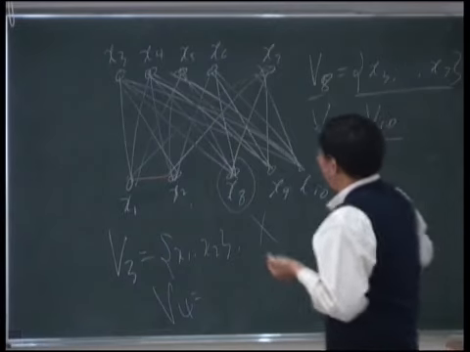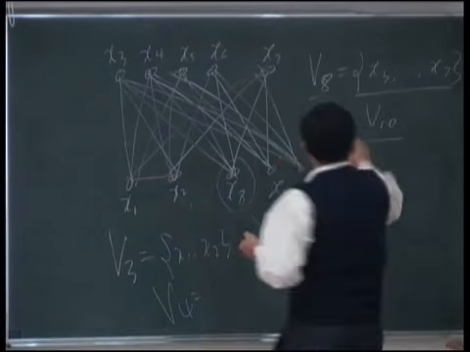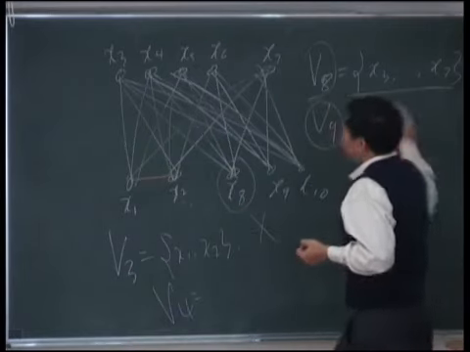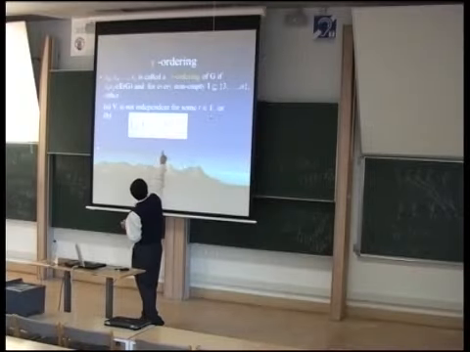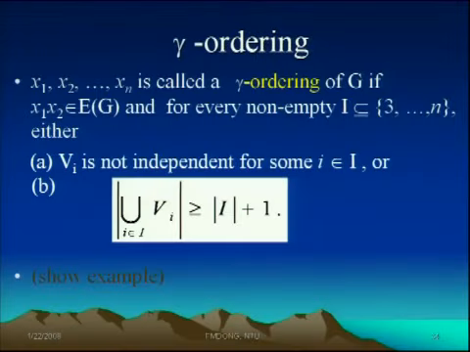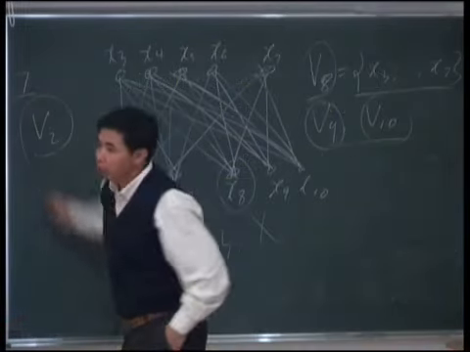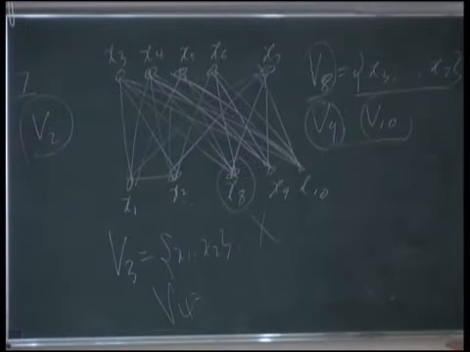So all the possible troubles are these sets V8, V9 and V10, because now you see the first condition. As long as some Vi is not an independent set, it's fine. So when we choose the set I, if some Vi is not independent, we don't need to consider it. We just consider the case where we choose I and every Vi is an independent set, then we have to consider the second condition.